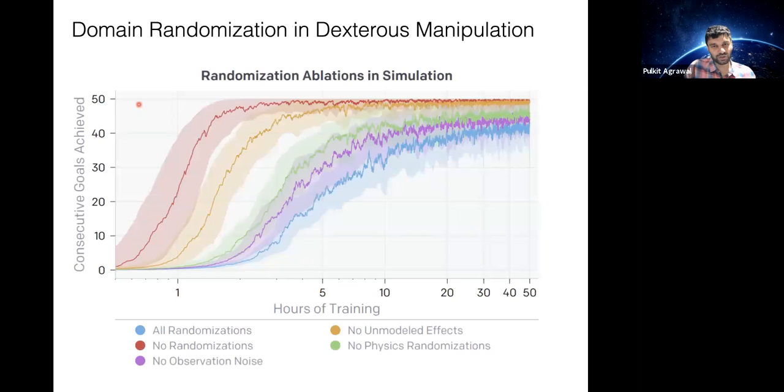So just to answer these questions in the context of a real world experiment, what I'm showing you is the training curves from the domain randomization which was done for this Skew Manipulation task, the videos of which we just saw. The red curve is the curve which is trained with no randomizations, the y-axis is some measure of reward, and the x-axis is the hours of training. And the blue curve is the curve which was trained with all randomizations.